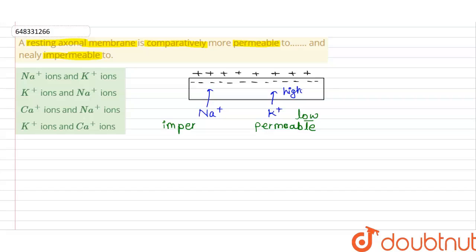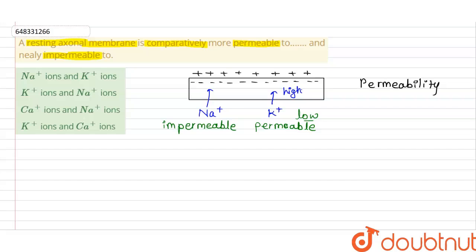It is not like there will be no sodium ions inside. Obviously, there will be some flow of sodium ions, but that is very low. So if we compare the permeability of both of them, there is a different permeability of sodium and potassium.